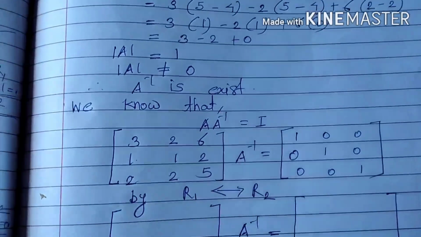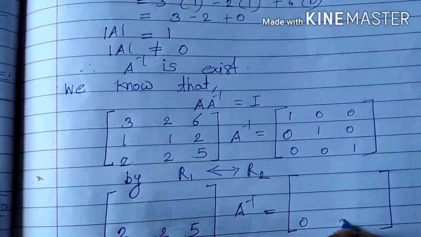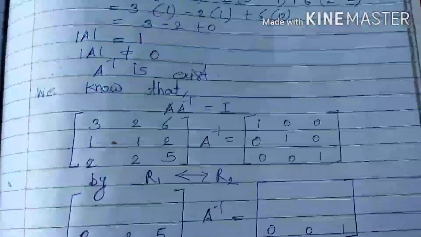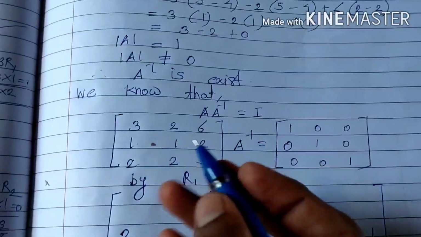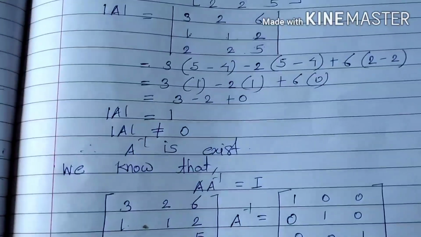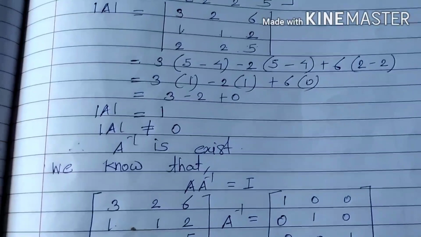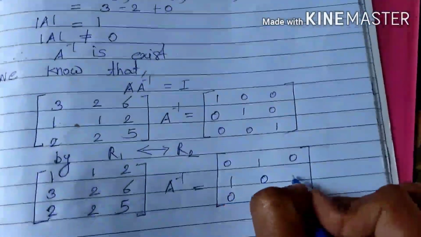R3 is remaining as it is. So first write it as it is. Next, R1 changes to R2. So R1 is 3 2 6 right here, and R2 is 1 1 2 right here, and here 0 1 0, 1 0 0.